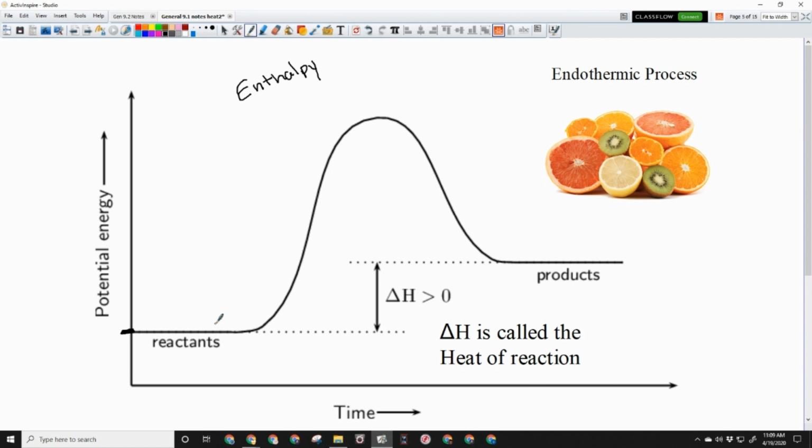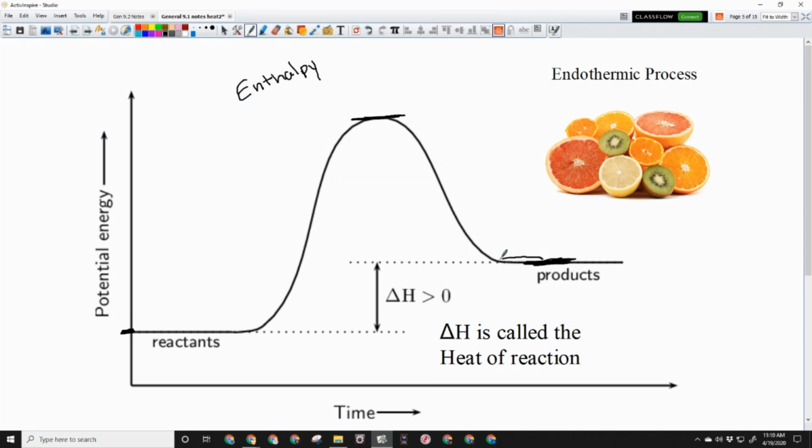Then as time goes, as it absorbs energy from the surroundings, when it hits this peak, this is where the reaction starts. This is called your activation energy. Then as this chemical reaction is activated, it's going to proceed. And when it finally finishes here with the products, you have this much energy.